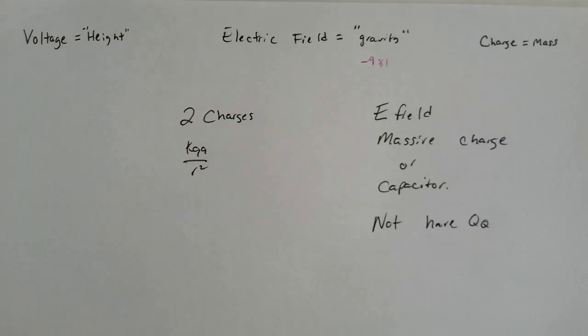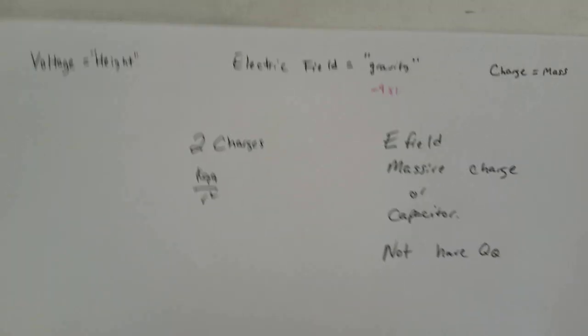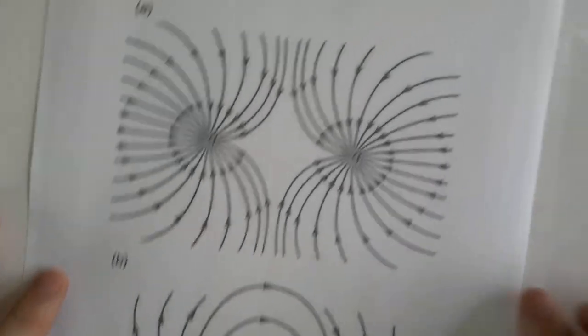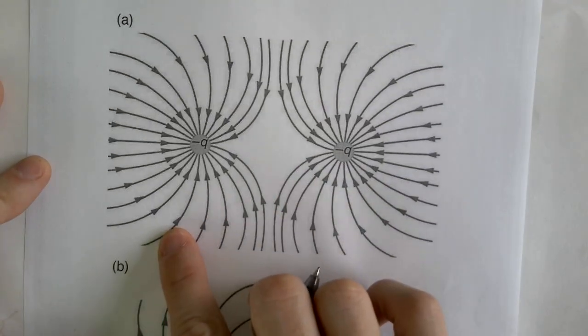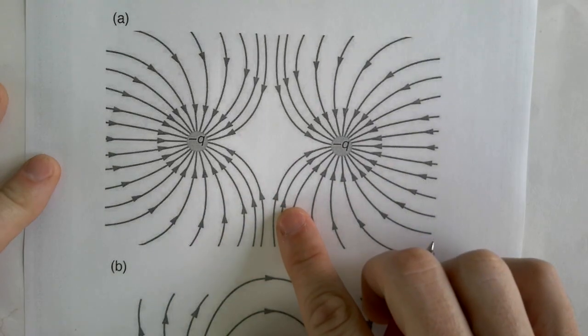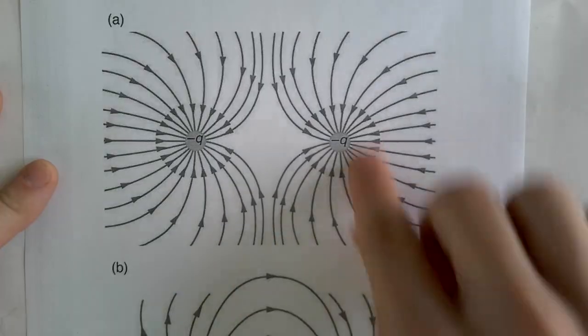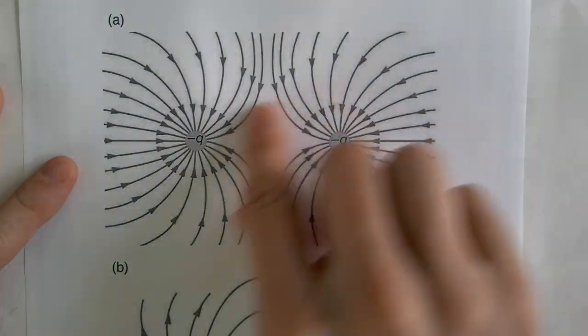All right, so let's look at some things that would relate to that sort of stuff. So here we have two charges, and they're interacting with each other. And here, this is an electric field line.